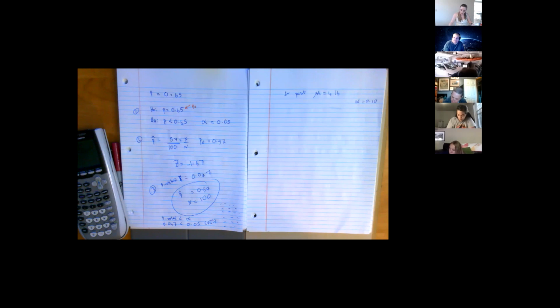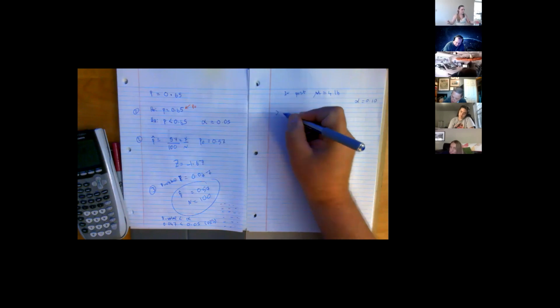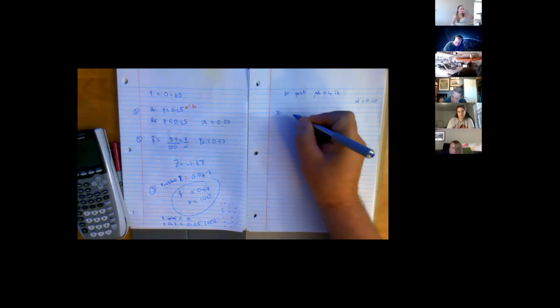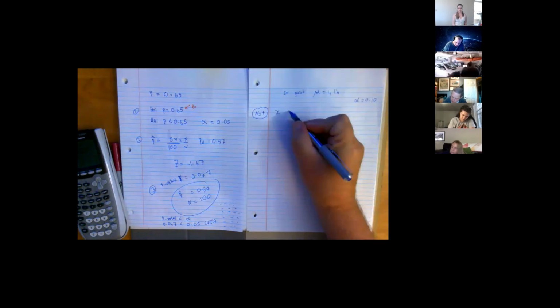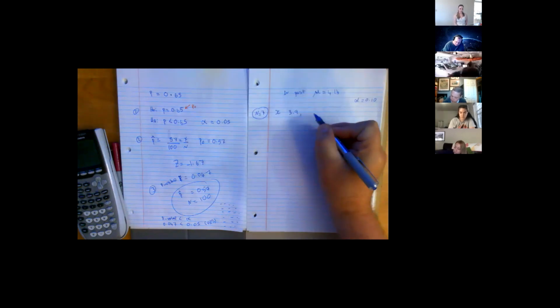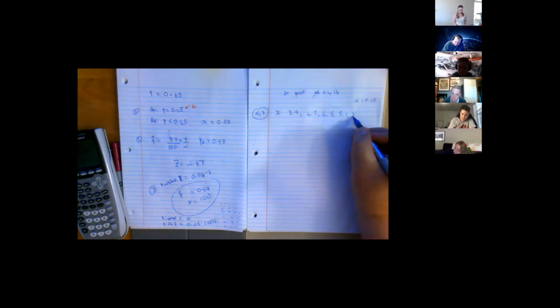And so what he does is that he gets a small sample and he gets the following guys. Let's say he gets 7 chickens, no particular reason why it's 7. And the chickens weigh 3.9 pounds, 4.2, 4.5, 5.1, and 3.8.